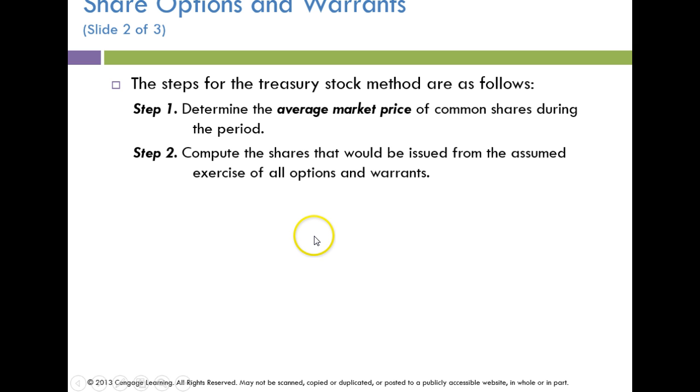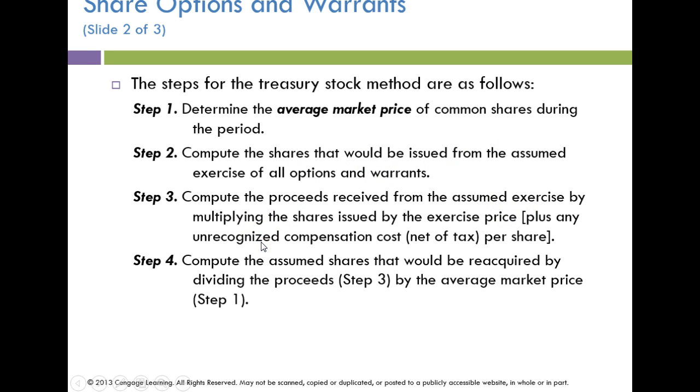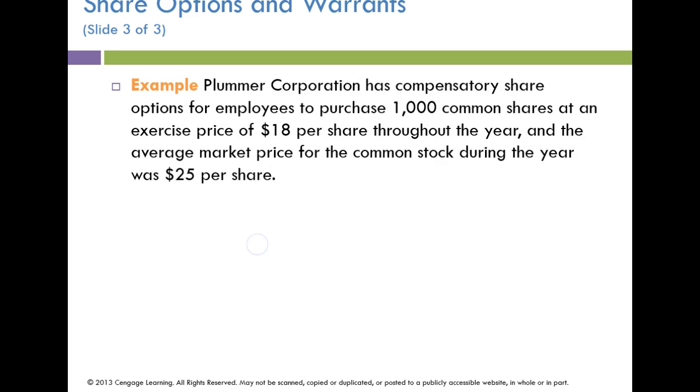We're going to then come up with the shares that would be issued from exercising all these options and warrants we're talking about. Then from there, we're going to determine what proceeds come from those exercised options, and then what gets reacquired as a result of doing that. Okay? Just a little more complicated, just another step in the piece of diluting shares.